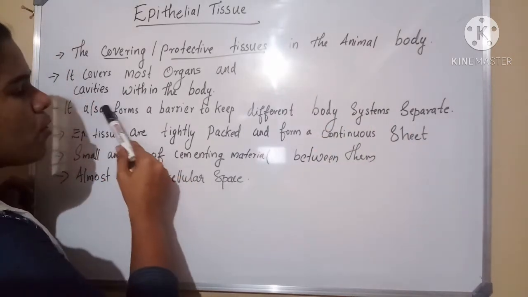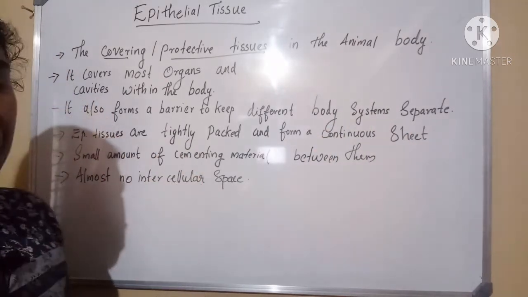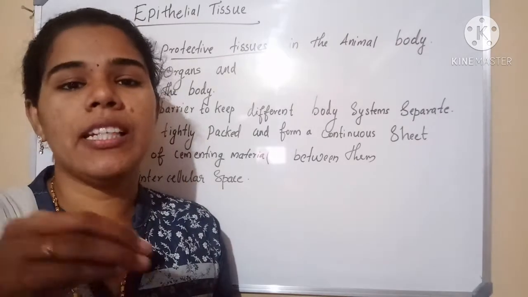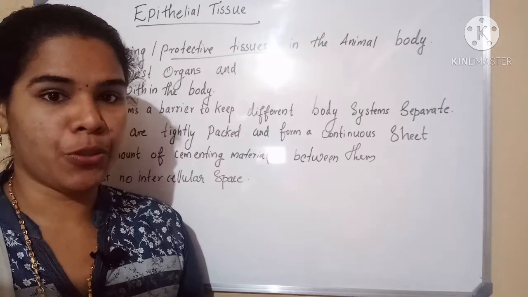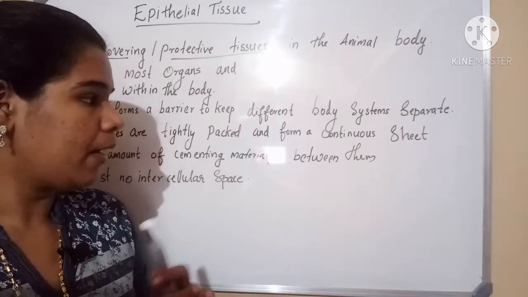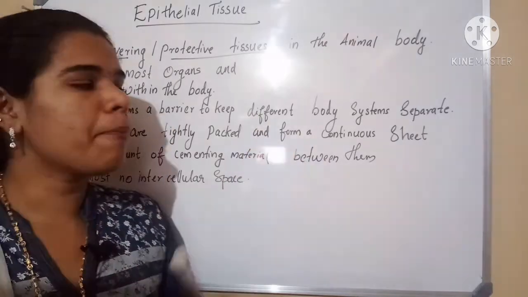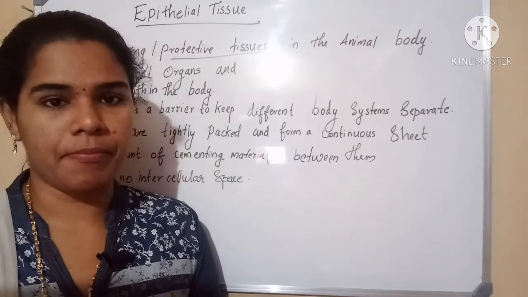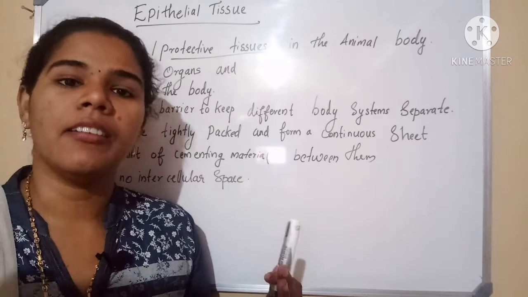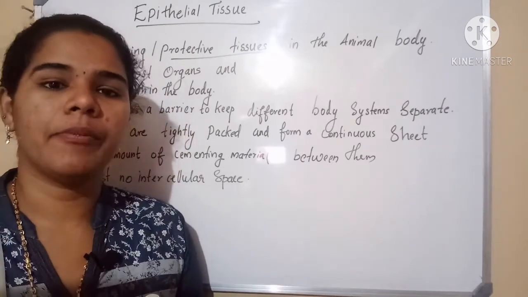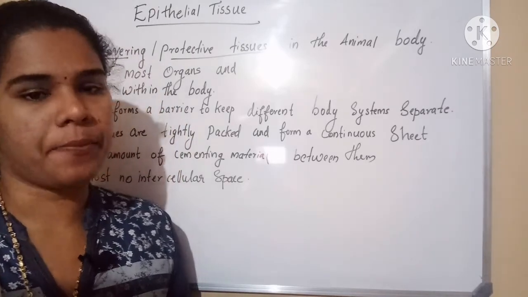Since every organ is covered with epithelial tissue, it acts as a barrier and separates different body systems, such as the lungs and heart.